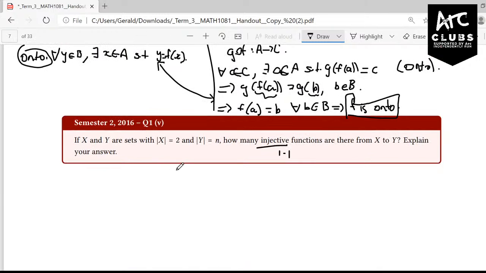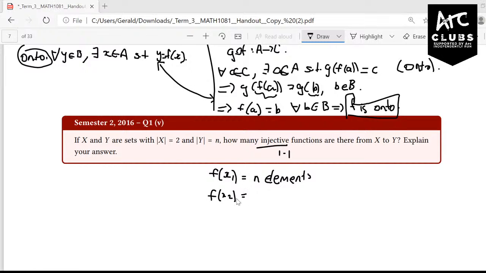So that means if you have a mapping from x to y, with x having 2 elements and y having n elements, then for the first element, f of x1 can take n elements. So it can be any one of the n elements. But because we know that it is an injective function, f of x2 cannot be the same element as f of x1, right?